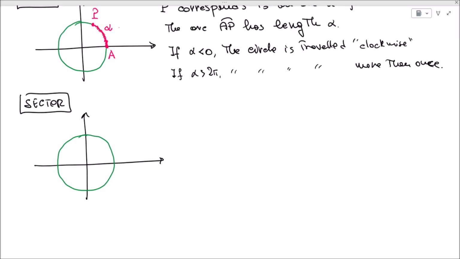We consider the usual point A, a point P, and we want now to establish a relationship between the position of the point P and the area of this circular sector.